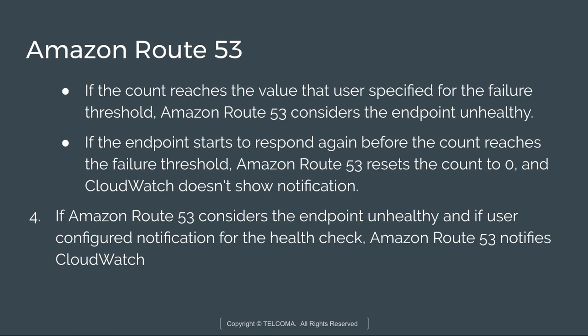If the count reaches the value the user specified for the failure threshold, it considers the endpoint to be unhealthy. If the endpoint starts to respond again before the counter reaches the failure threshold, it resets the count to 0 and does not send any notification.